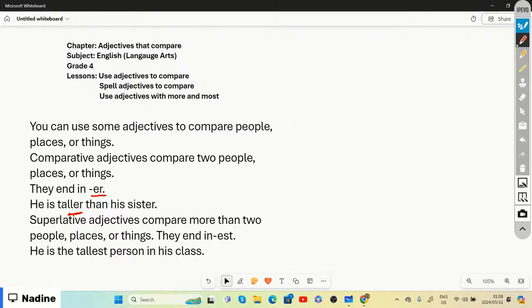And even if we were to turn it around, since he's taller than his sister, we can say that his sister is shorter than him. Shorter also ends in er because we are comparing two people.